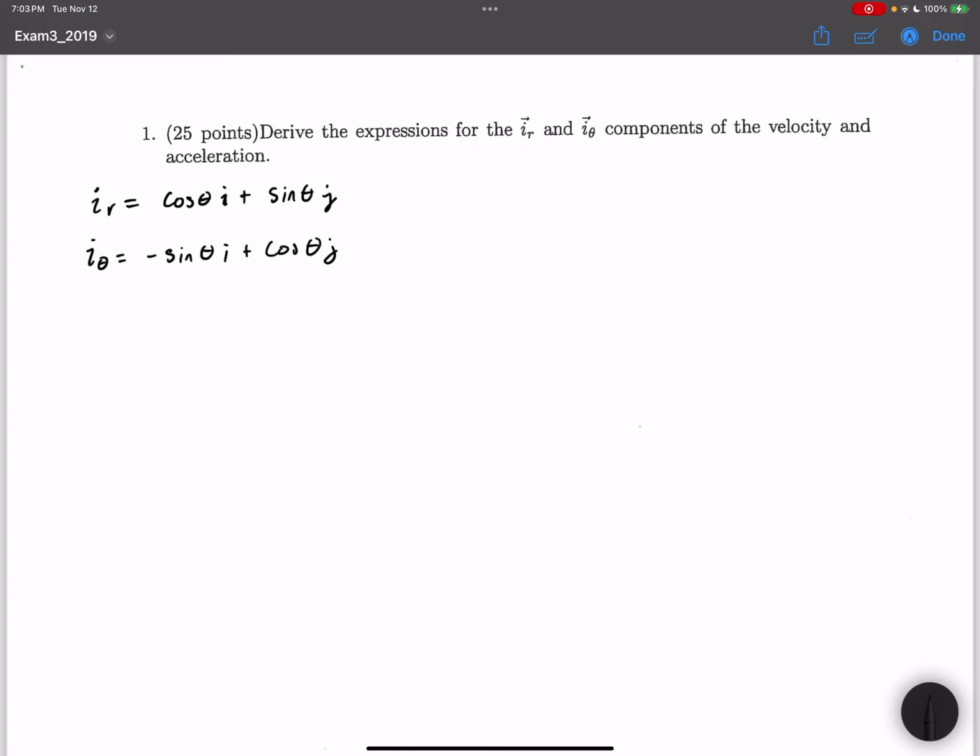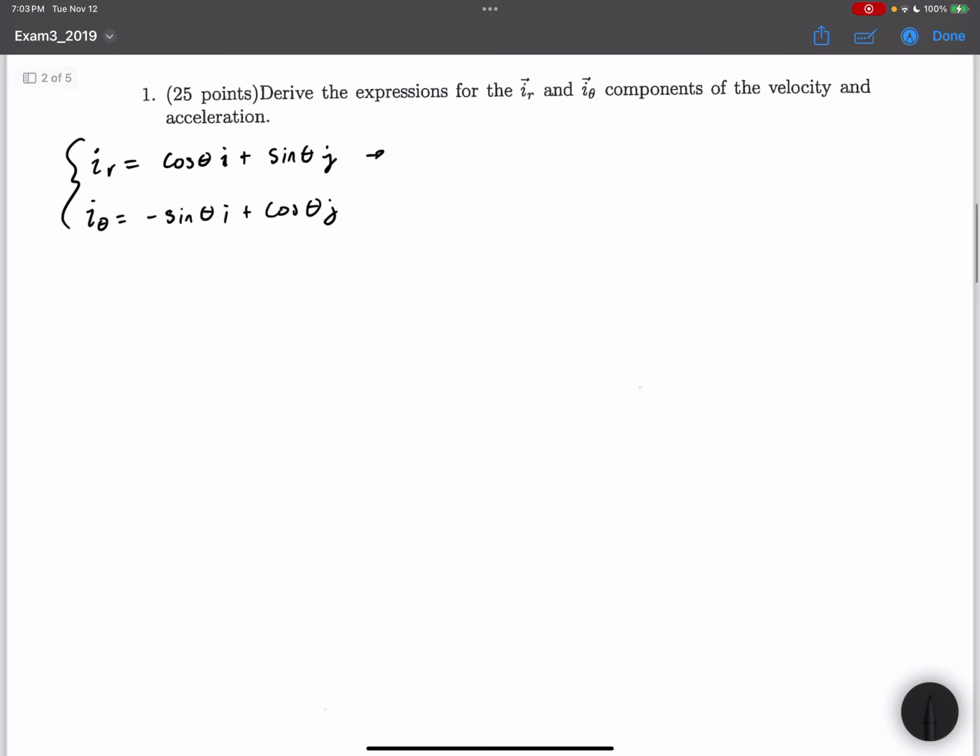Now our first step is taking the derivatives of these two things, right? So what we want to do is di_r/dt.